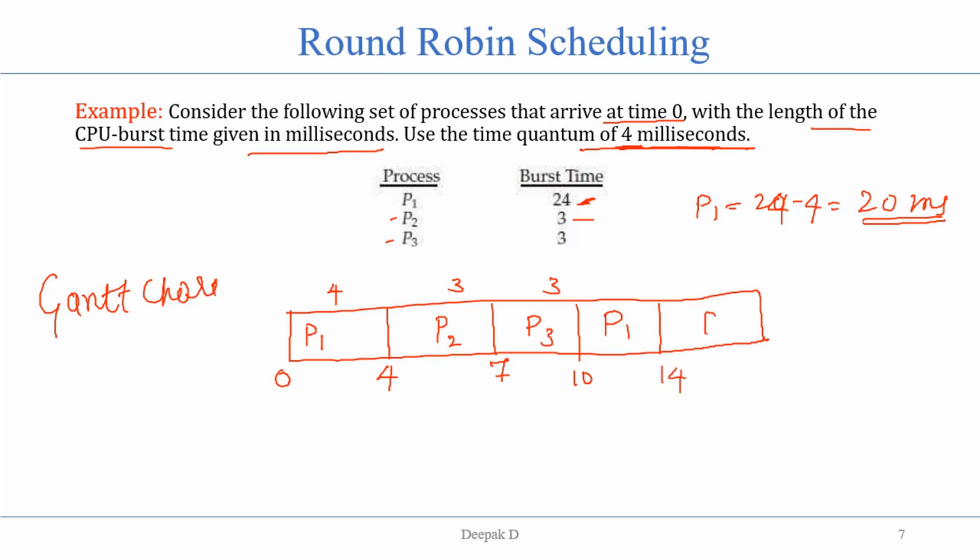Again P1 executes for 4 milliseconds, that is 18. Similarly for 4, 22, 26, and the remaining is 30. So this is how P1 will execute with respect to this process. I hope this is understood.